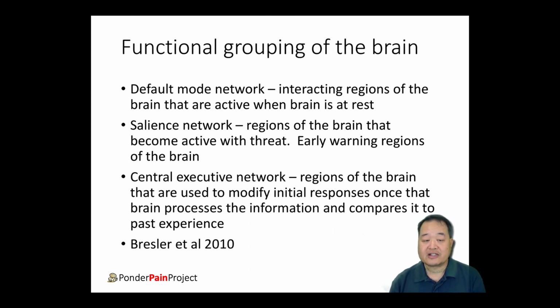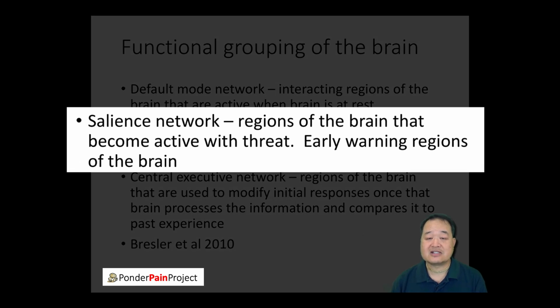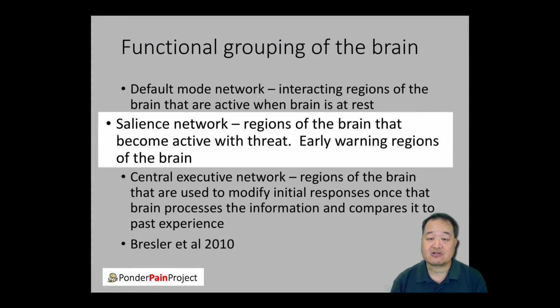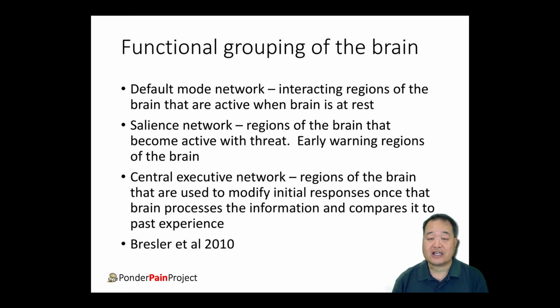So beyond that default network that is active at all times, they've come up with this classification called the salience network. The salience network is responsible for monitoring information. It's kind of like our body's early warning system. If a pain signal or a nociceptive signal comes up from the periphery, it will take it and start to activate areas of the brain.